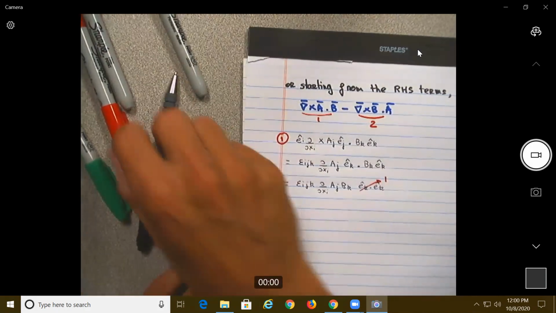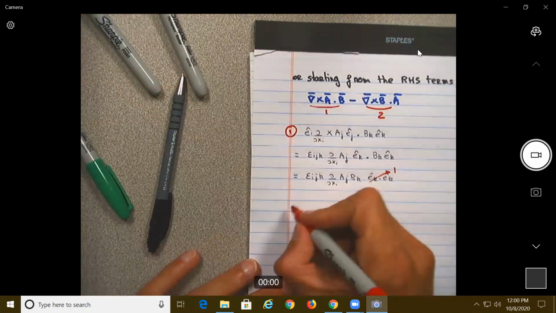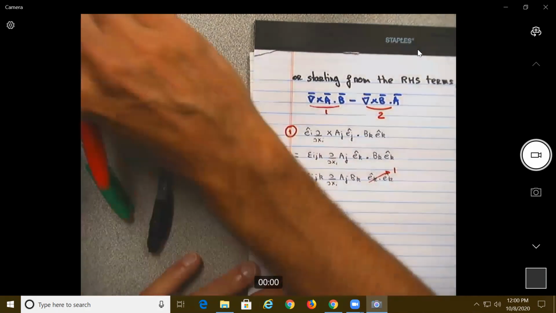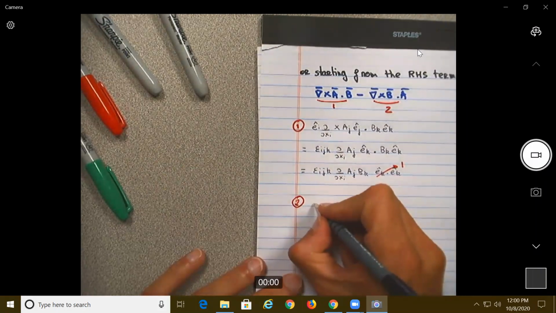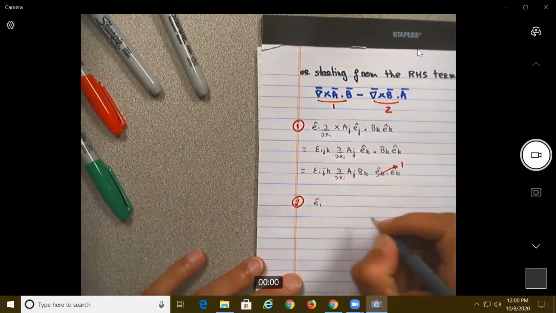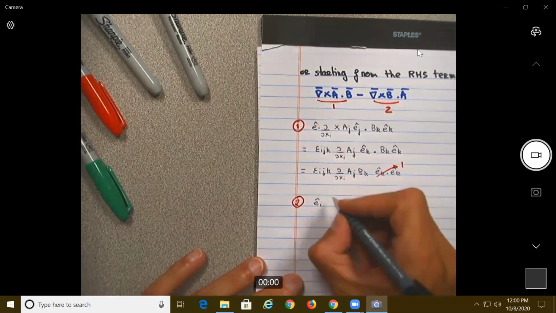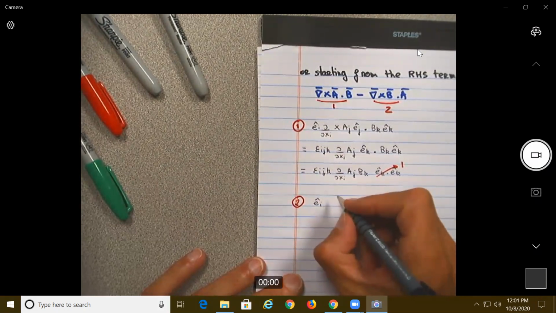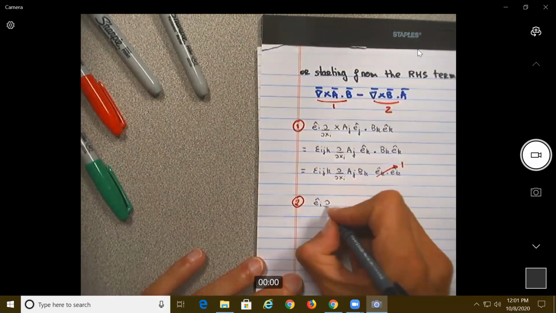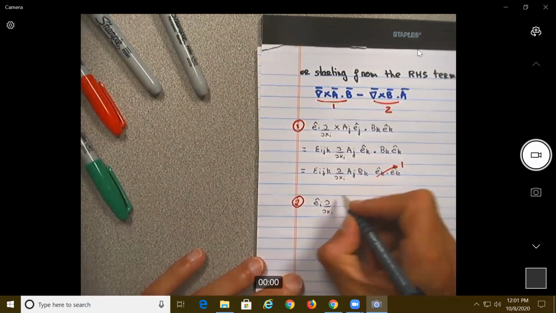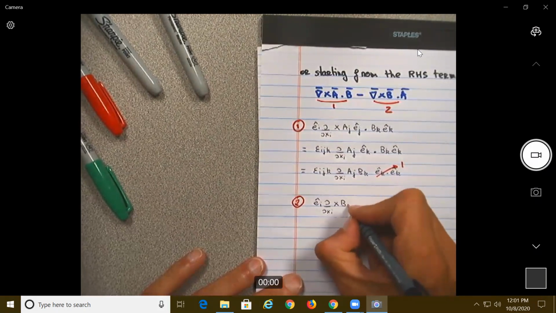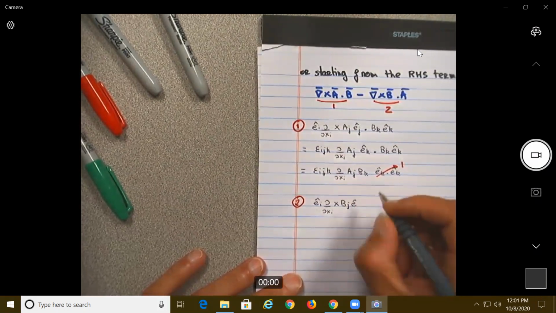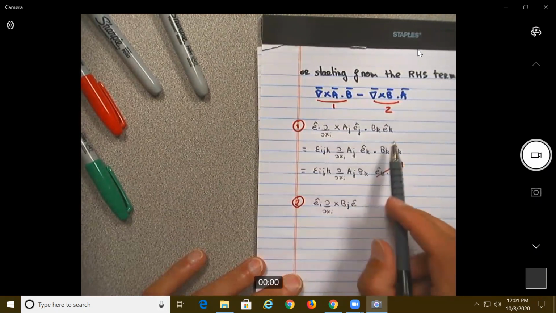All right, and we do exactly the same thing. So term 2. Now we'll have the same thing, so it will be e_i partial x_i cross B_j, k. I'm doing the same thing as this one.